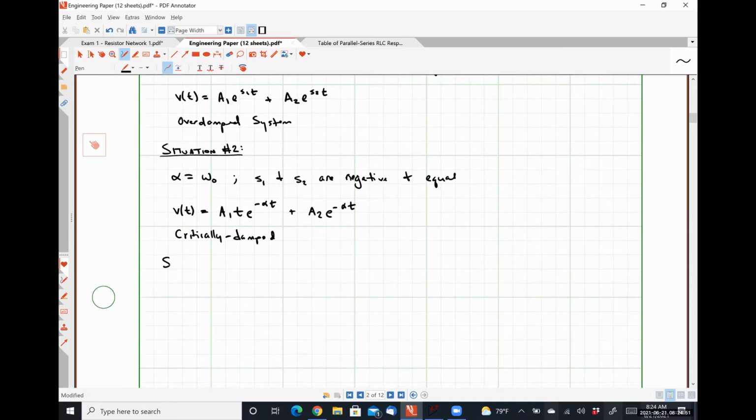So in situation number 3, alpha is less than omega naught. And that's going to mean that S1 and S2 are complex conjugates of each other, right?